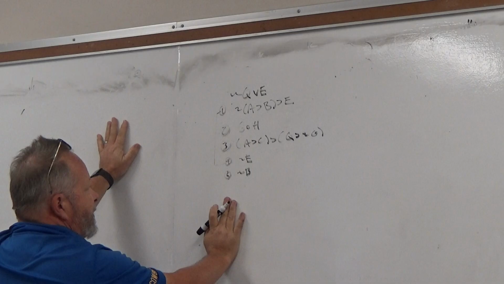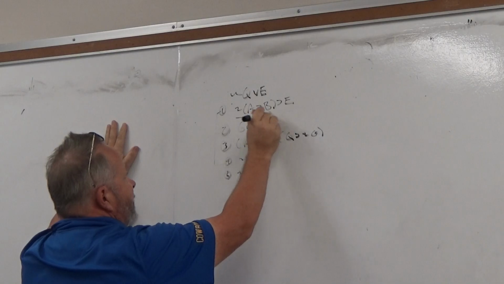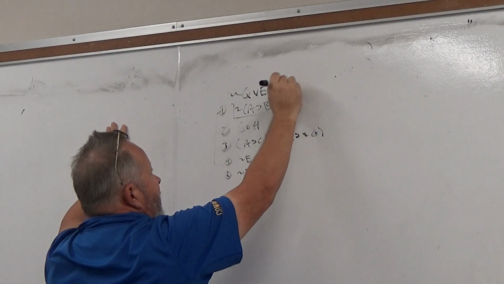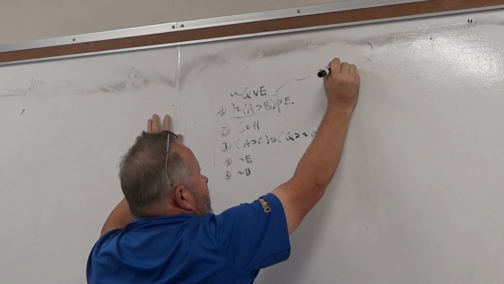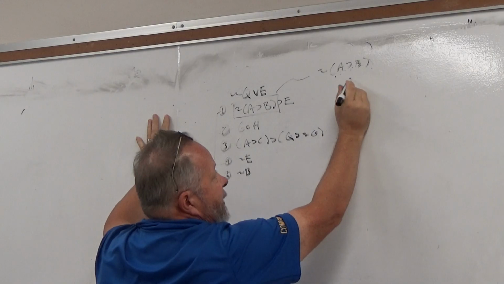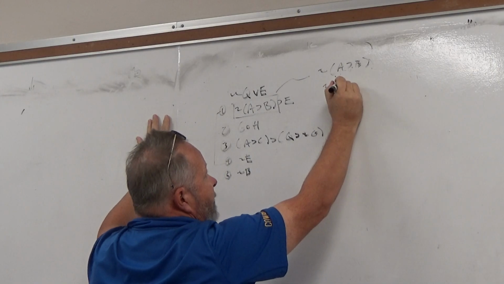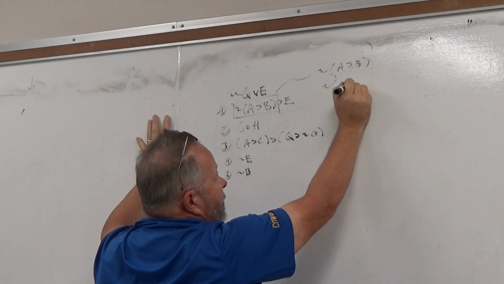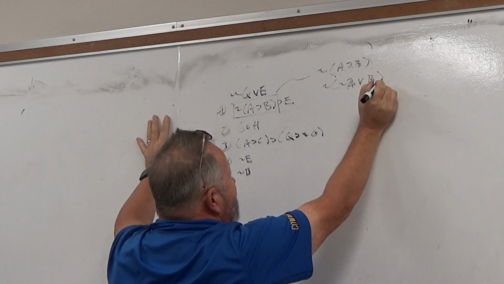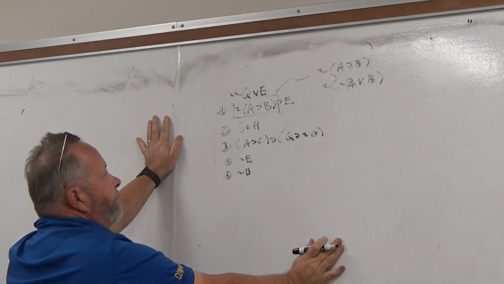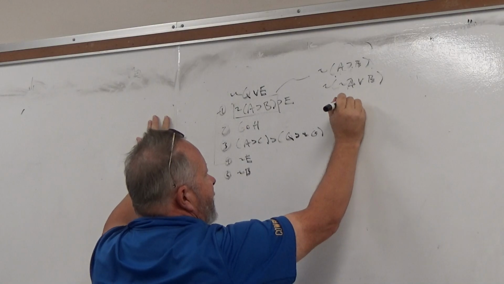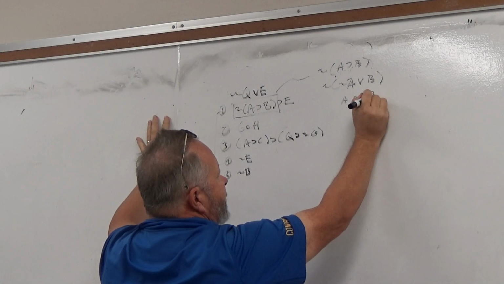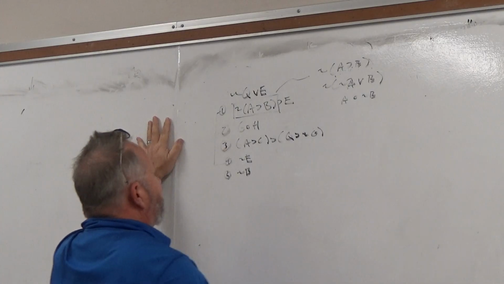Here I think is a bizarre way to do this problem. I'm thinking about its equivalences, okay? Let me just rewrite it first. If I did implication on the inside, that would be not A or B, and this is A and not B. Okay.